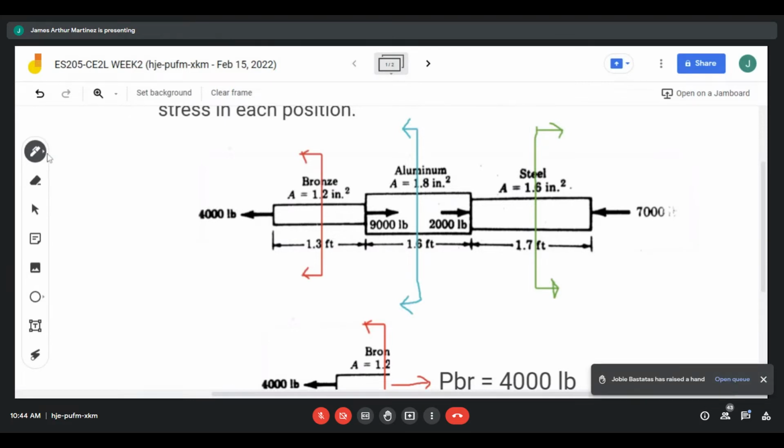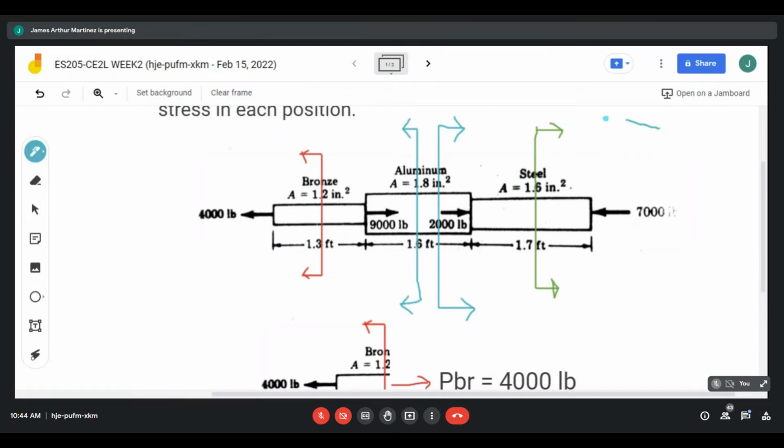However, if you choose to analyze the right side of your cutting plane, then the 2,000 pounds and the 7,000 pounds force will be included, since you are analyzing that as a whole. Okay, sir. Thank you, sir. Anyway, regardless, we get the same answer. So any other question?